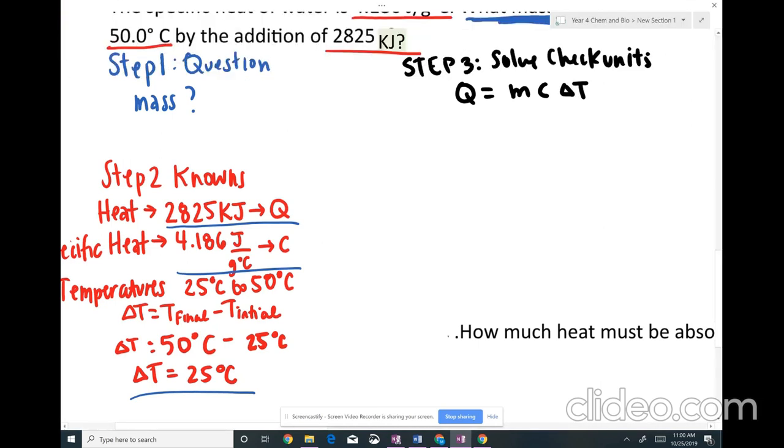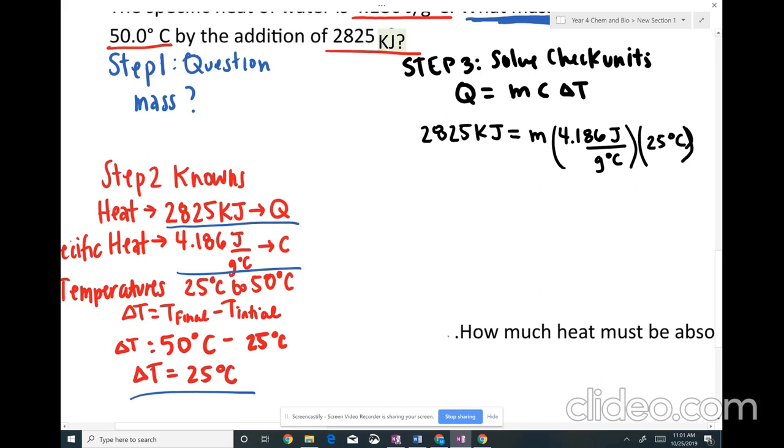I am going to write down what I have. So I have 2,825 kilojoules is equal to M, and then my C is 4.186 joules over grams degrees Celsius. And then I have my delta T, which I solved for, which is 25 degrees Celsius.